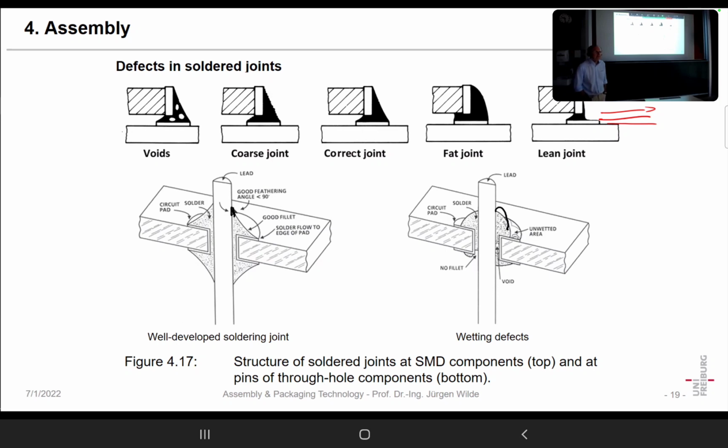What's the cause here? That it didn't wet. You can have, of course, always two principal causes. One is wettability of the devices is not good, or second is process is not good, and process not good means typically flux is not good. What would you say here for that right side? Is it the flux or is it the device?